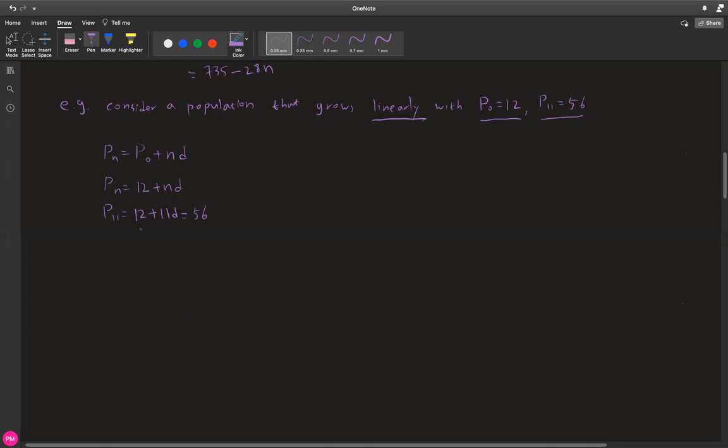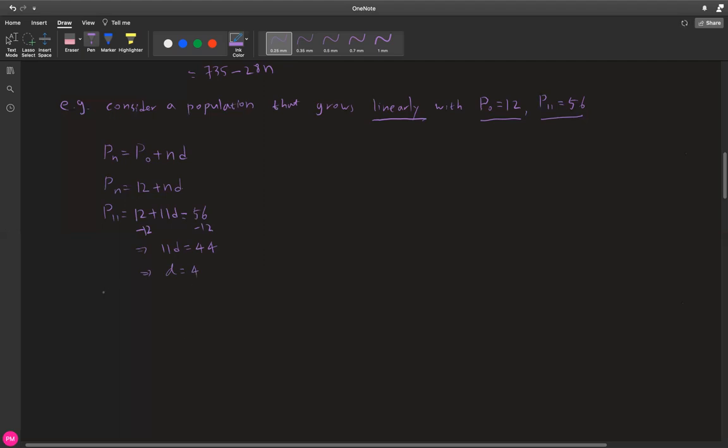So all you have to do now is simply solve this equation for d. If you subtract 12 from both sides, you end up with 11d equals 44. And if you divide by 11 on both sides, this implies that d equals 4.